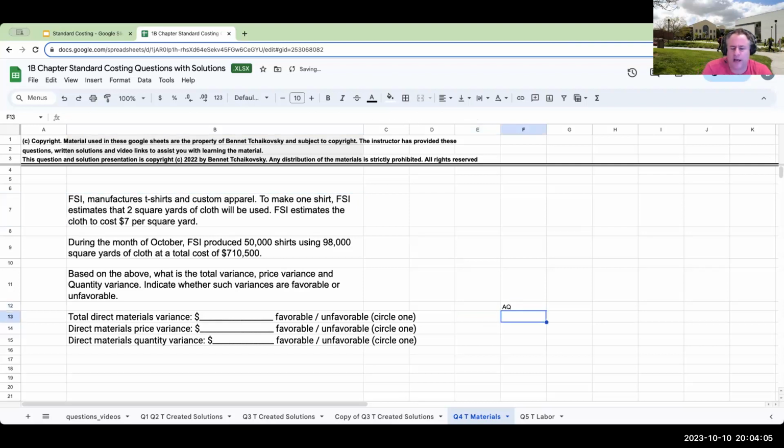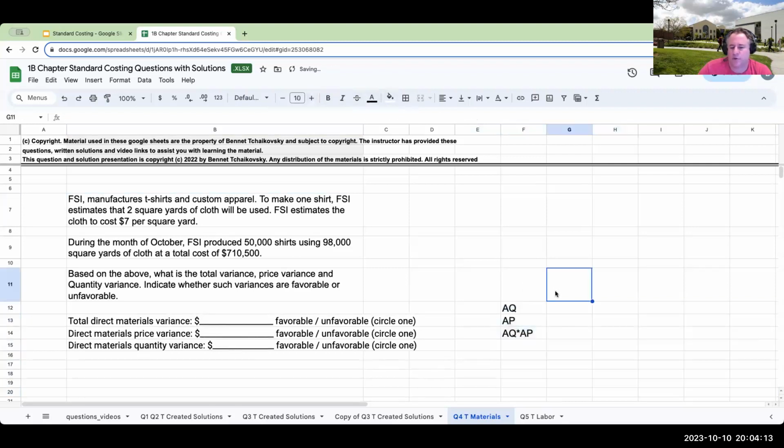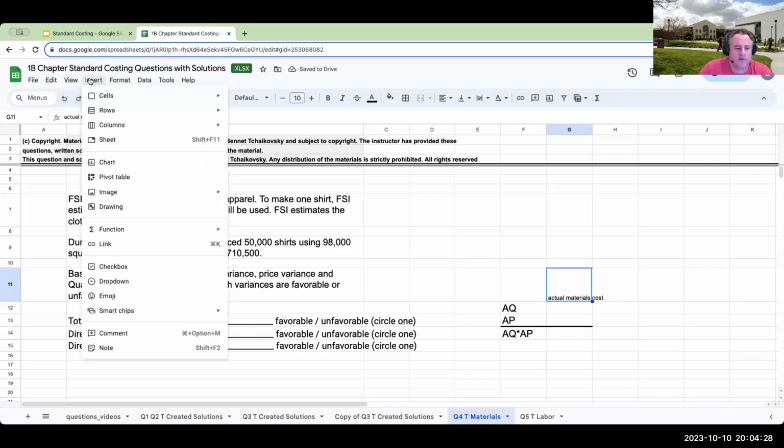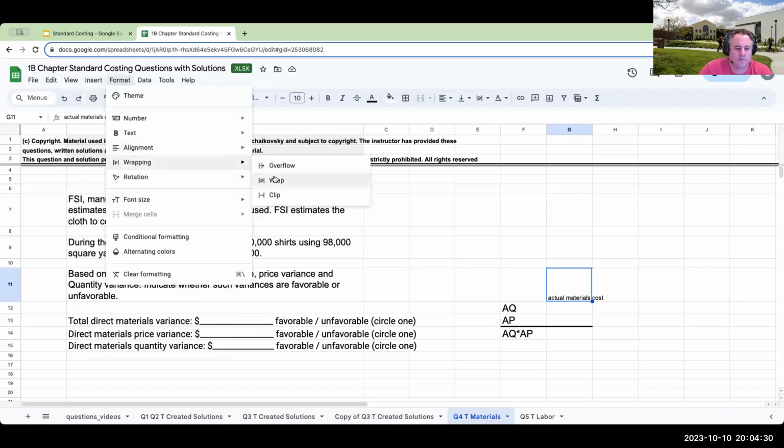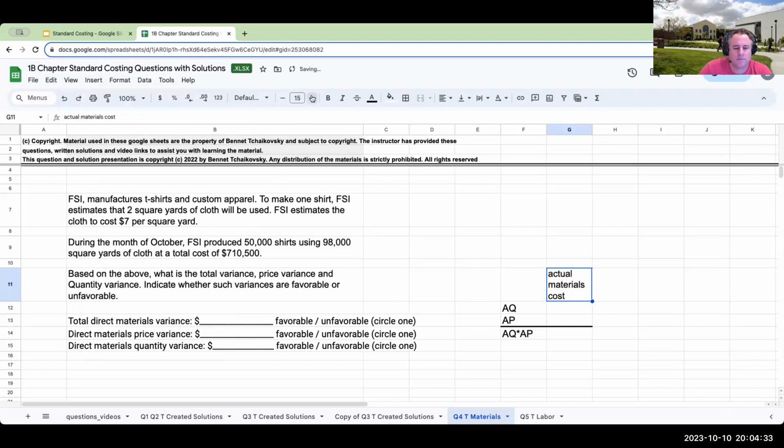So we want to look at our actual quantity times our actual price. And this is going to help us determine what we actually spent on the materials. So this is our actual cost. Okay, so this is our actual materials cost.